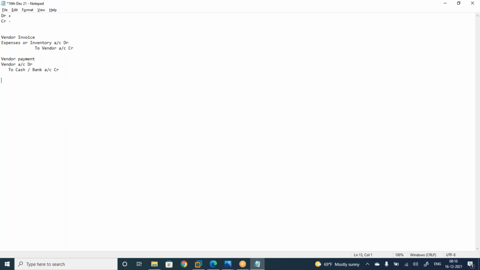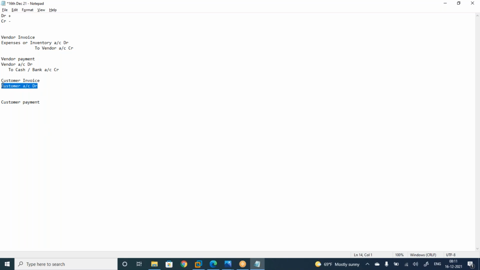Next one is customer invoice and customer payment. If it is a customer invoice, my money is with the customer, so customer account debit, positive.